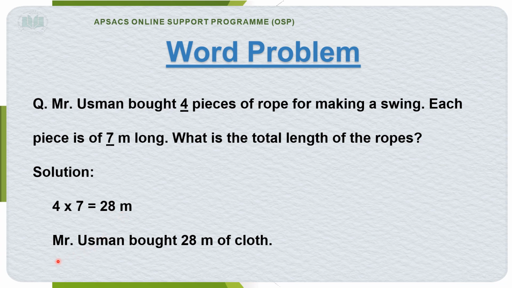And then we will write the statement, Mr. Usman bought 28 meter of rope. Like this, we will solve different word problems related to length. Is it clear? I hope you have understood how to solve the word problem, and remember that you have to follow the 5 steps of solving word problem.